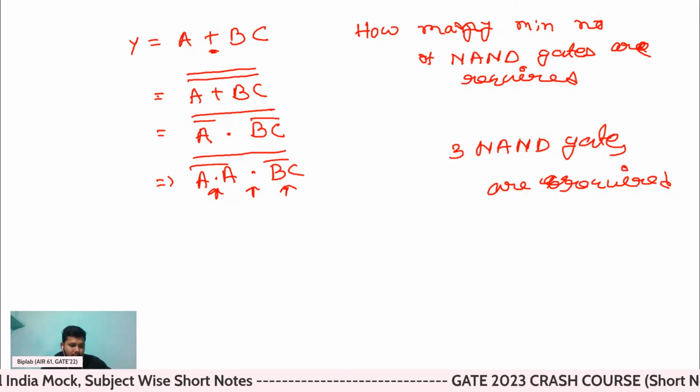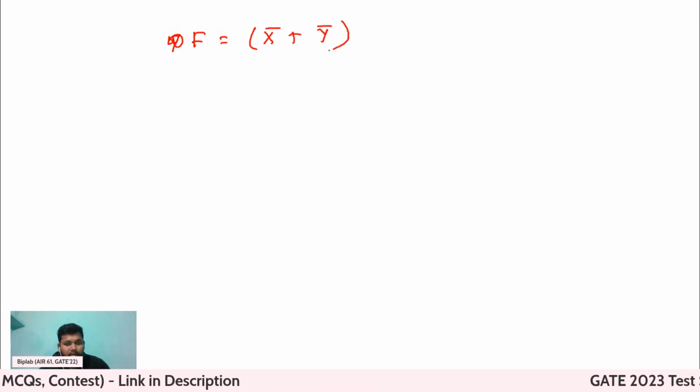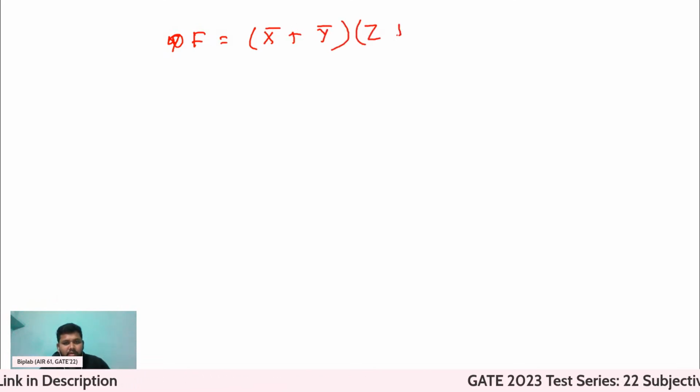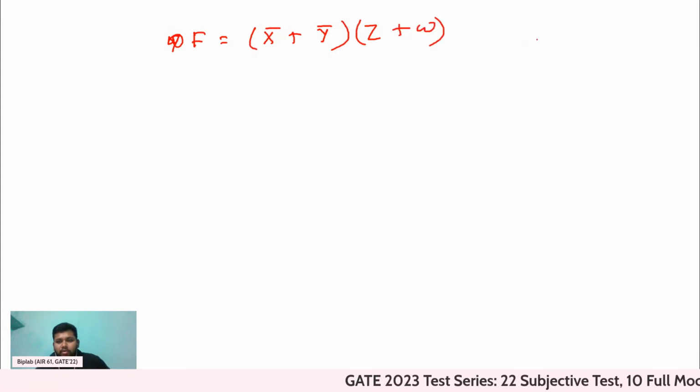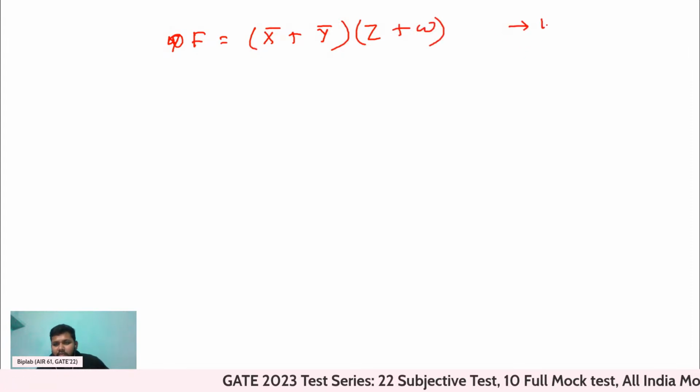Okay, now let's go to a slightly medium level question on this same concept. You are given an output y which equals x bar plus y bar and z plus w. Solving this, I can give a hint.